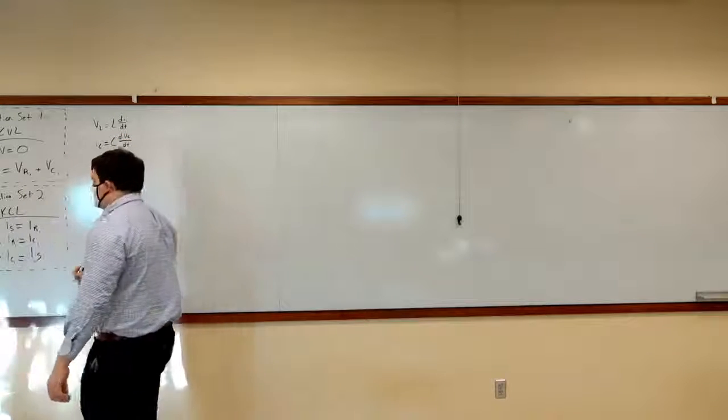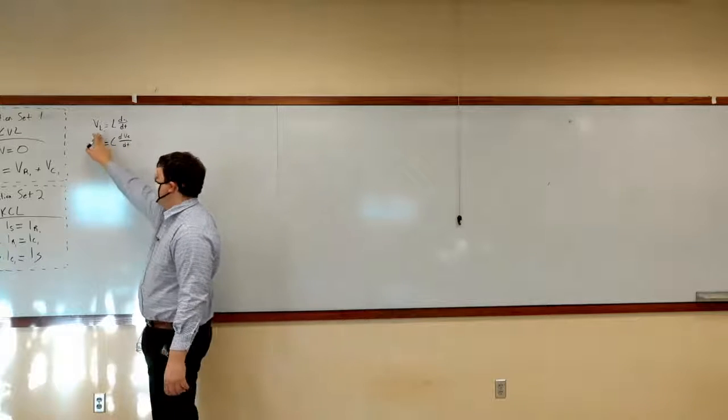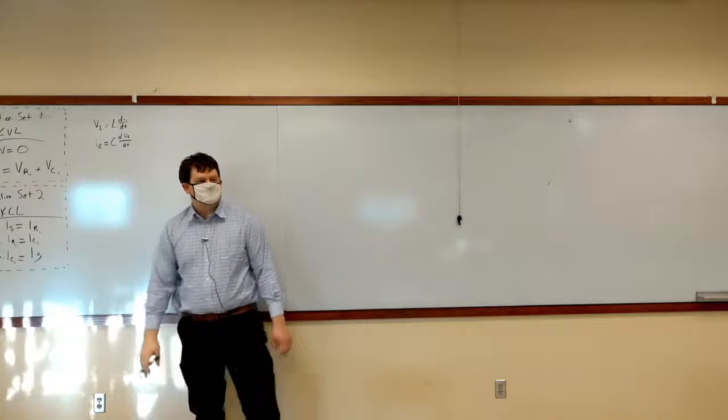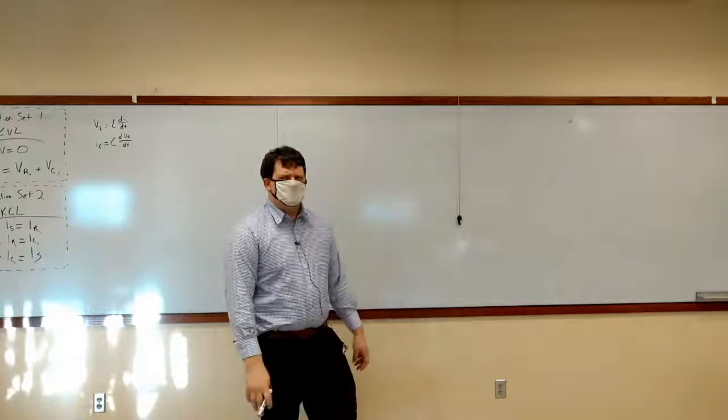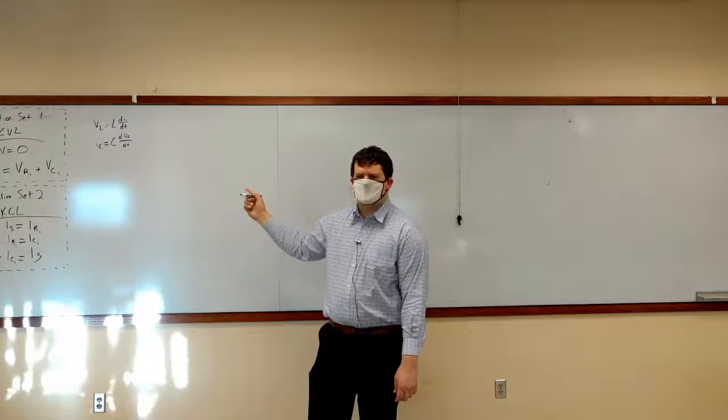Okay, and then we have one other equation. Both of these equations link voltage and current. We have one other equation that links voltage and current that we haven't written down yet.